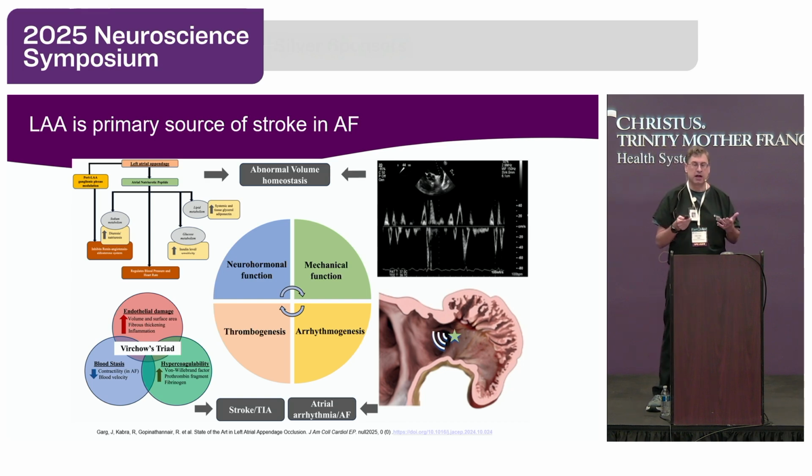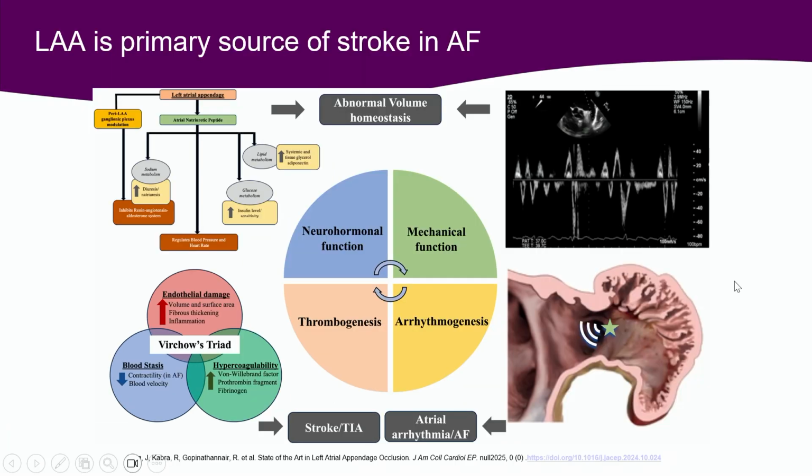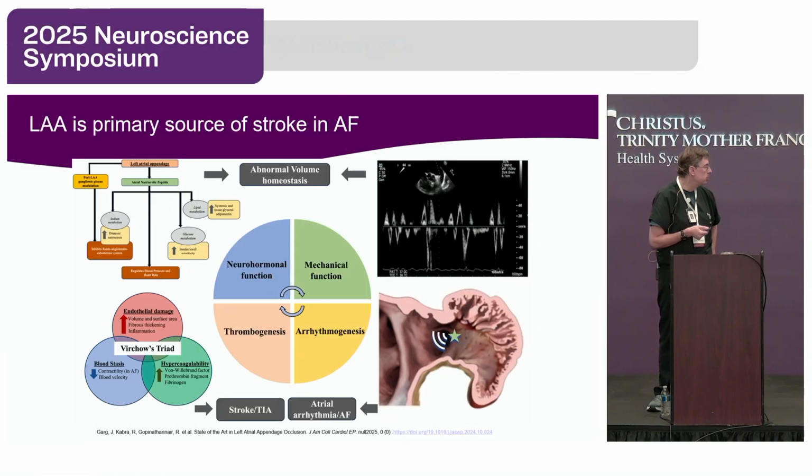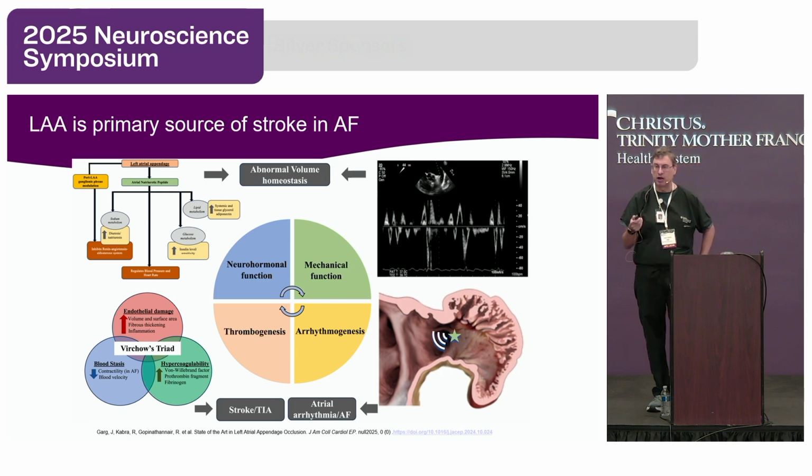But this area, as you can see, has a lot of pouches and trabeculations, and so blood clots tend to form in here. When you go into atrial fibrillation, it increases the risk of platelet aggregation and platelet activation. You have the famous Virchow's triangle, where you have endothelial damage and a hypercoagulable state, leading to blood clots that tend to form primarily in those areas.